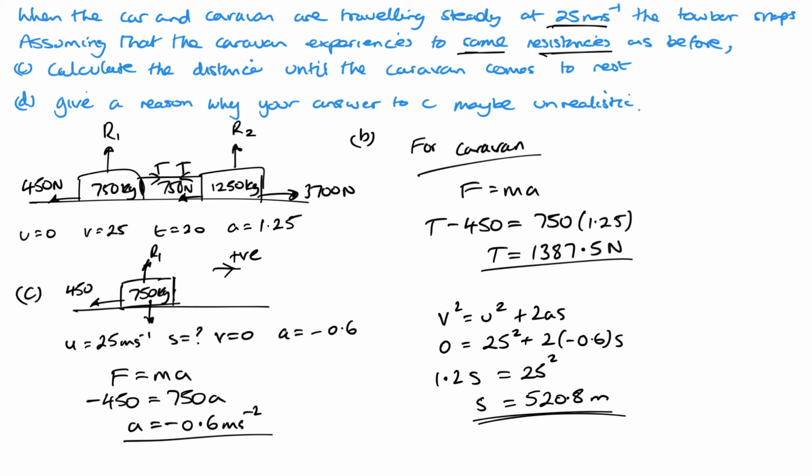You can also, if you think of a caravan, they generally have those two wheels and they attach at the front. So if that breaks, the front of the caravan is just going to drop straight to the floor and dig into the ground. That would actually create a much bigger resistance, and it'll probably stop a lot shorter. So you want to give a reason like that and just say that the distance is likely to be less than what you calculated in C.